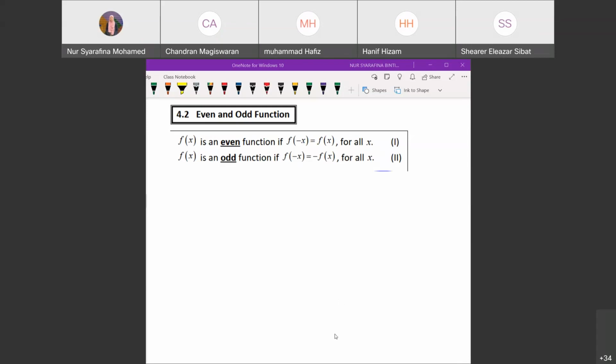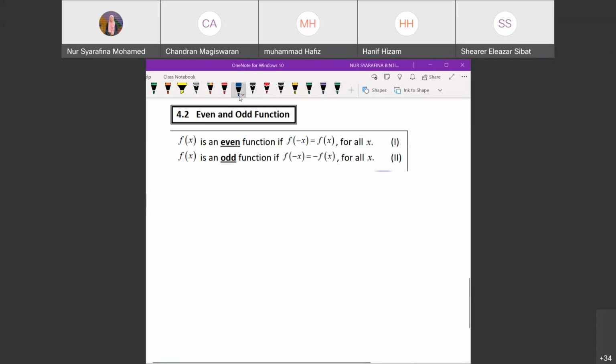All right, this even and odd function is important for you to identify the types of graph and the types of expansion that you have to do after this.